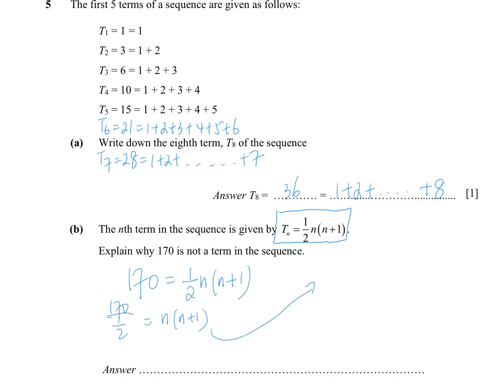So the exam can write fraction over fraction, can. But your final answer cannot lah. So 170 divided by half, you get 340 is equal to n squared plus n. So you shift everything to one side and then you solve the quadratic.